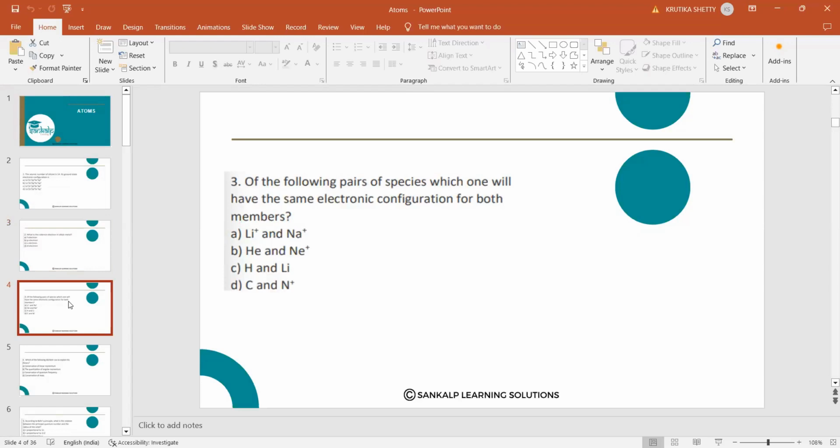Next question. Of the following pair of species, which one will have the same electronic configuration for both members? That is lithium plus and sodium plus, helium and neon plus, hydrogen and lithium, carbon and nitrogen plus.